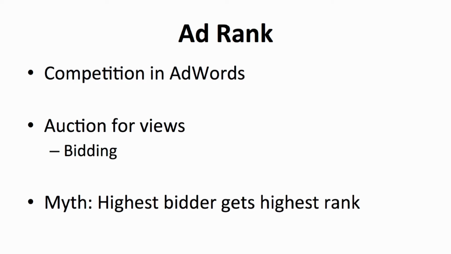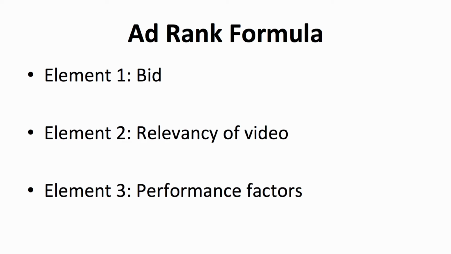Now you may be asking how to get a higher rank for this. Google wants to show only pertaining videos to their users and avoid advertisers to simply buy over the video space with irrelevant ads. So here's how you can move your video up to the top in ad rank if you follow this ad rank formula, which consists of 3 elements.